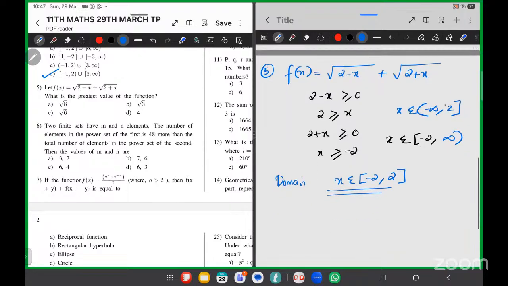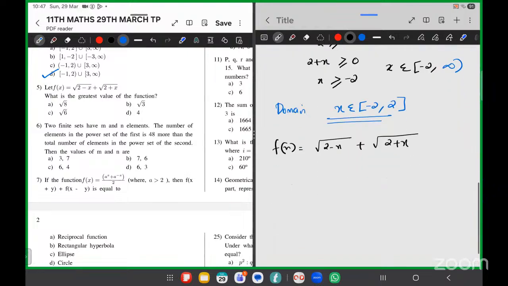So what is the greatest value? f of x is equal to under root of 2 minus x plus under root of 2 plus x.